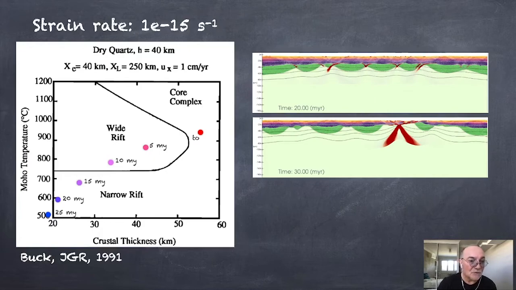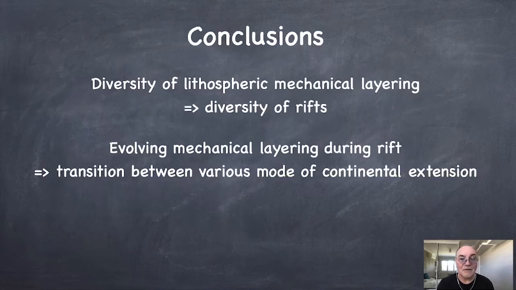So the conclusion of this is that we know that we have diverse rift systems in the world, and this is due to a diverse mechanical layering of the lithosphere.